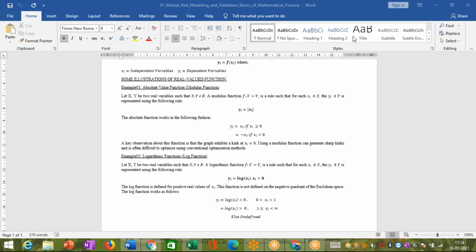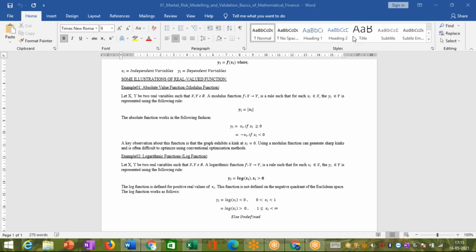So over here we have yi is log xi, and also xi is greater than 0. So here we defined the log function, right? And when we talk about log, we'll always be talking about log base 10. So let us see how this log function comes into play. Where is it that a logarithmic function becomes important? How do I define this, right? That's something that we would want to talk about.